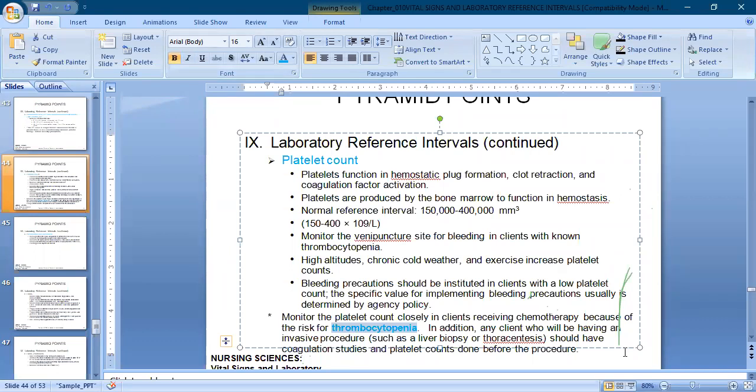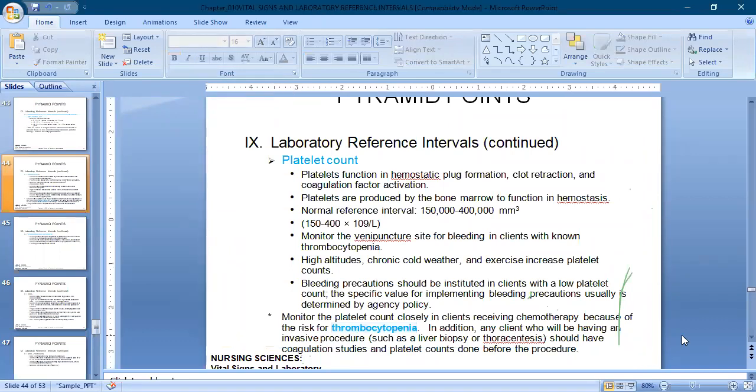In addition, a client who will have an invasive procedure like thoracentesis should have a coagulation study and platelet count done before the procedure.